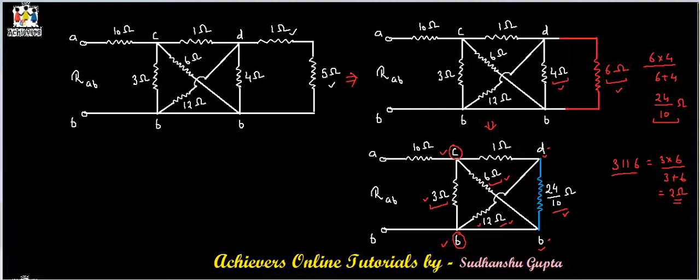So we will connect a 2 ohm resistance between point C and B.